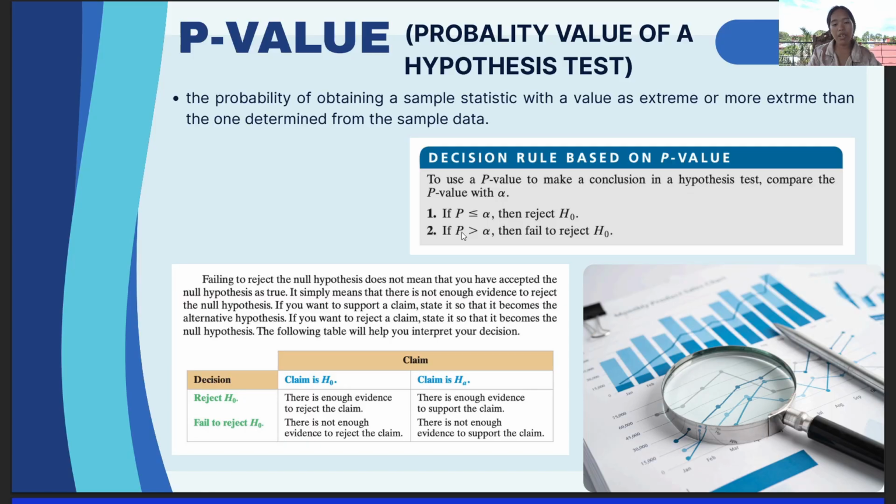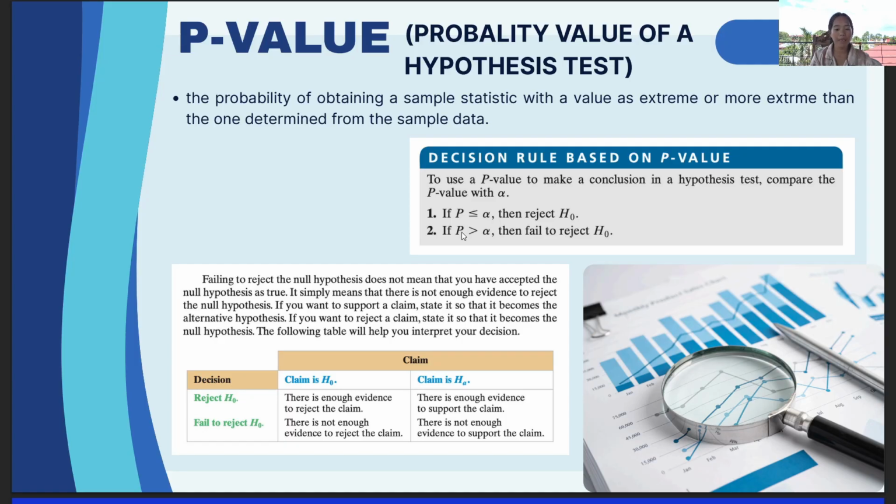If p is greater than alpha, then you do not reject the null hypothesis. Failing to reject the null hypothesis doesn't mean that you have accepted the null hypothesis as true. It simply means that there is not enough evidence to reject the null hypothesis.